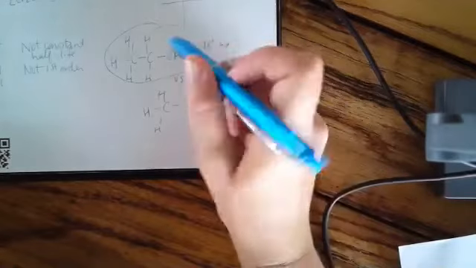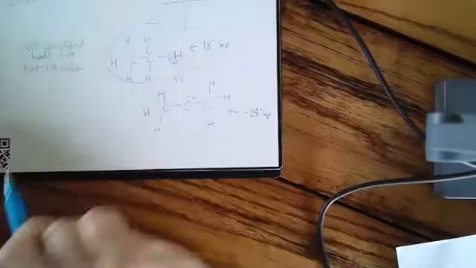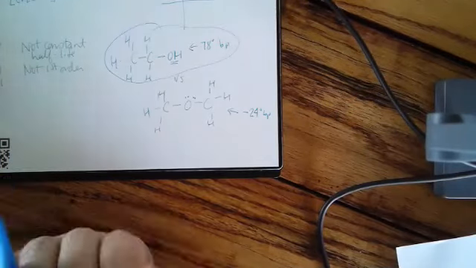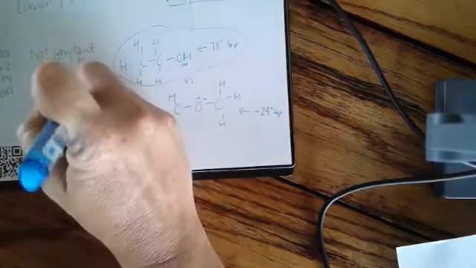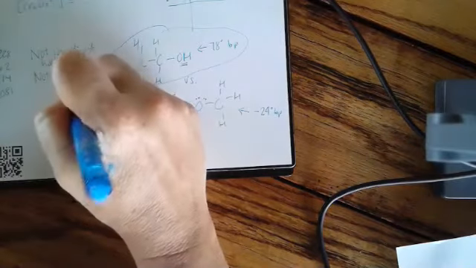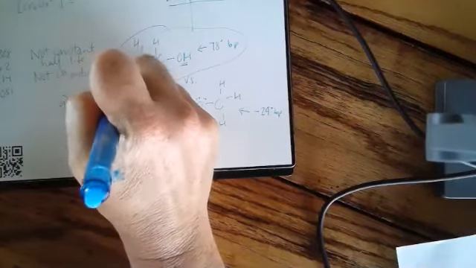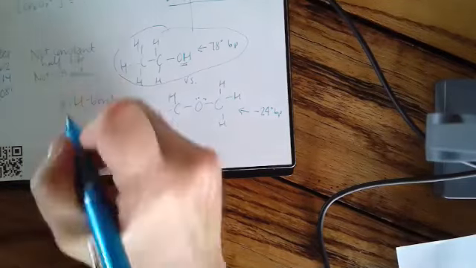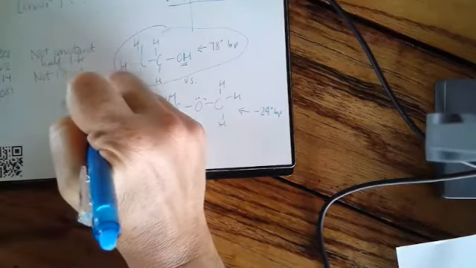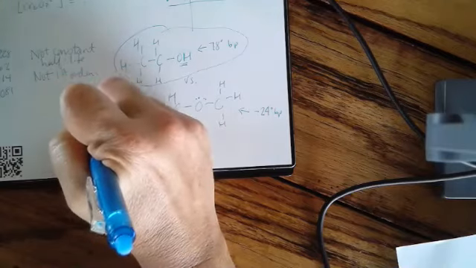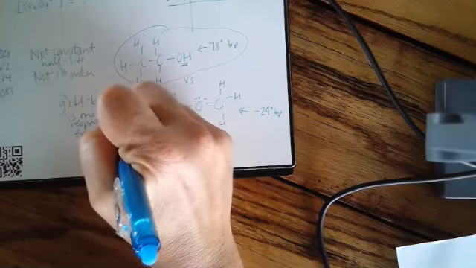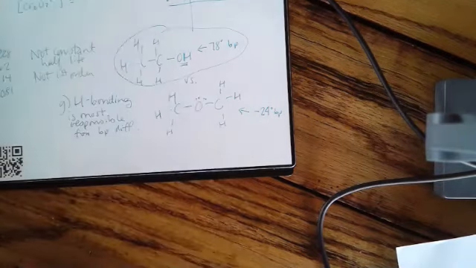It is your very strong thing that we only get when we have a hydrogen bonded to an oxygen, a nitrogen, or a fluorine. Hydrogen bonding. So H bonding is the main difference there, the force that's most responsible for the difference in boiling points.